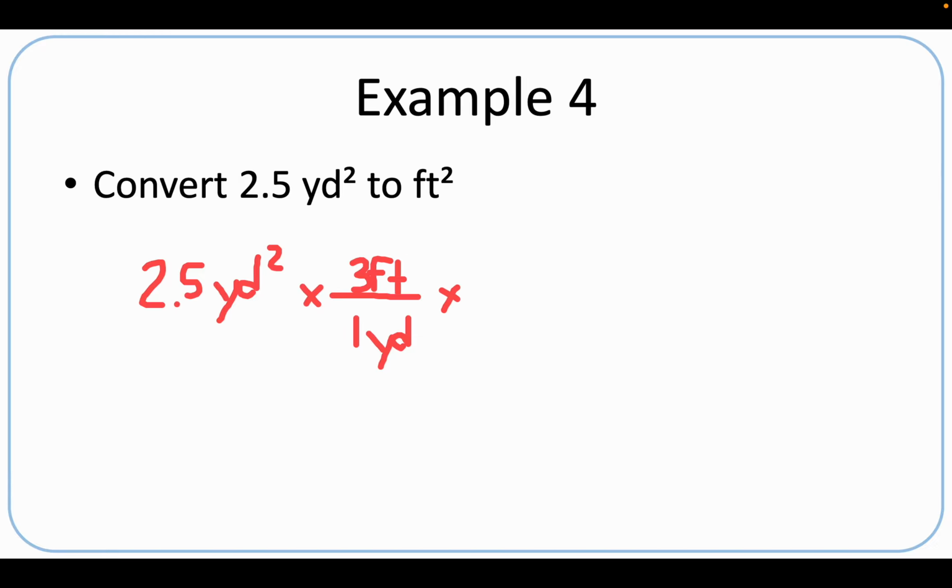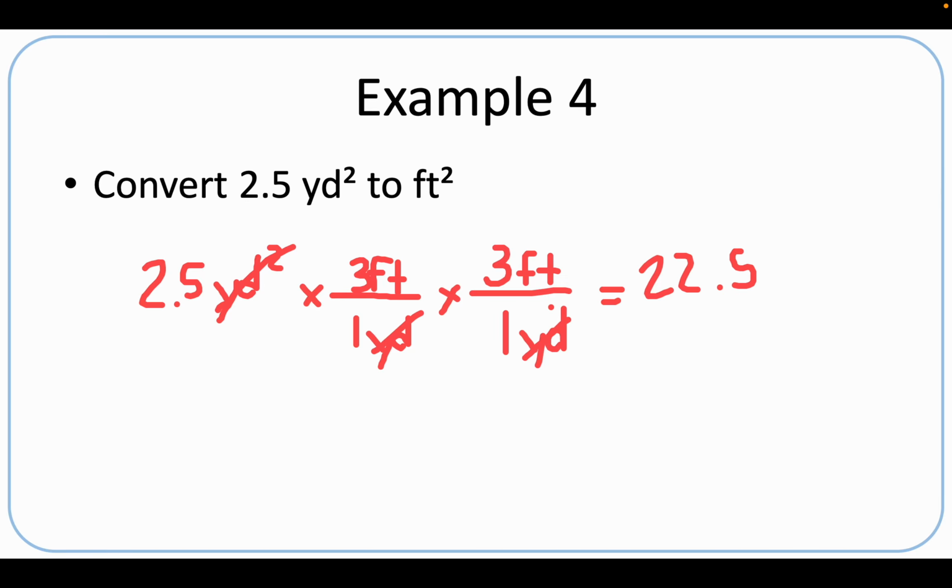And then another conversion, 1 yard to 3 feet. And then our square yards cancel out. And then we have 2.5 times 3 times 3, which equals 22.5. And our units are feet times feet, which is square feet.